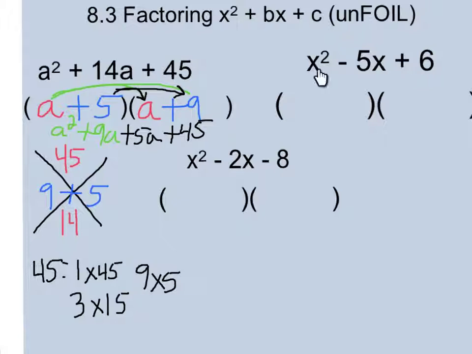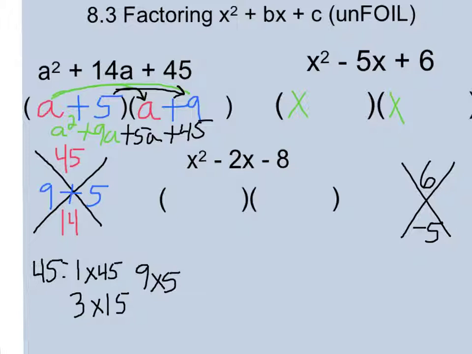Let's try this one. So I have x squared minus 5x plus 6. What do I need here and here to make x squared? I need an x here and an x here. Now I need to figure out what times what is 6 but adds to negative 5. Well, I know that 2 times 3 is 6.